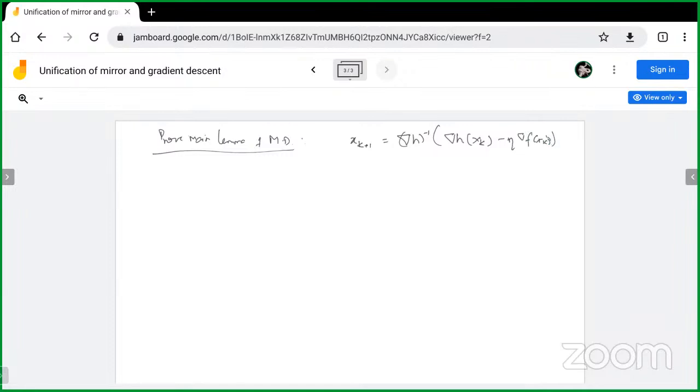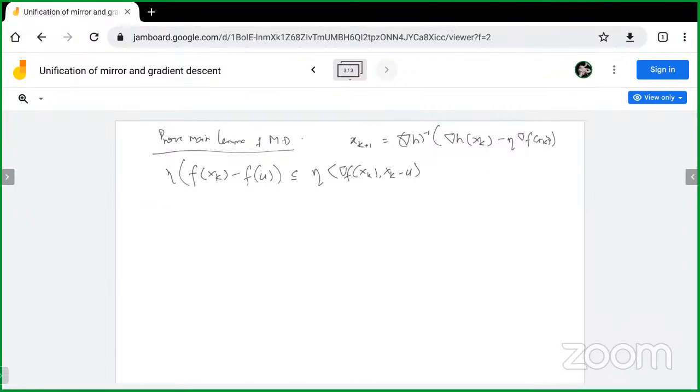So for this iteration, I want to show that eta times f of x_k minus f of u, where typically you would read the previous x_k but I just write u here, is at most eta times the gradient of f at x_k inner product with x_k minus u. This doesn't require anything, this is just convexity.